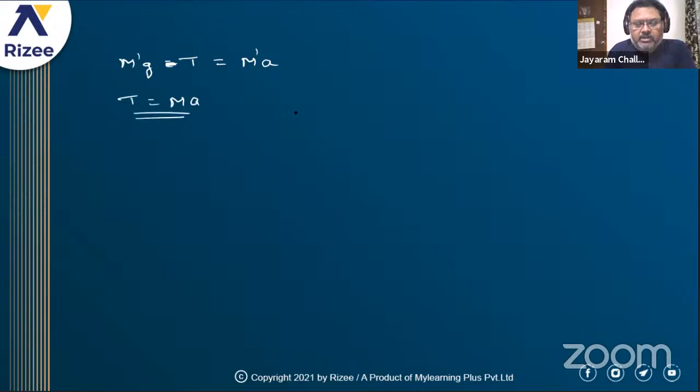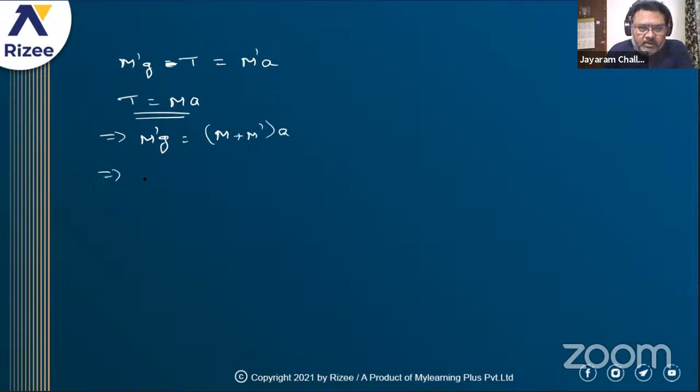Since small m is not in contact, we cannot go for that particular thing. So from this one, we can substitute, and m dash g is equal to, I'm substituting this one, m plus m dash into a.